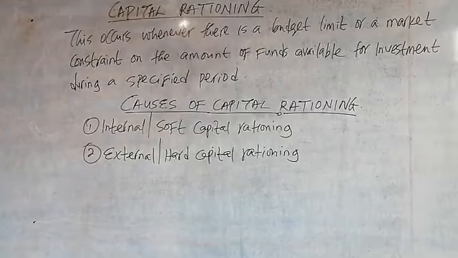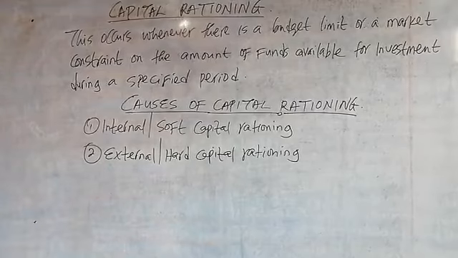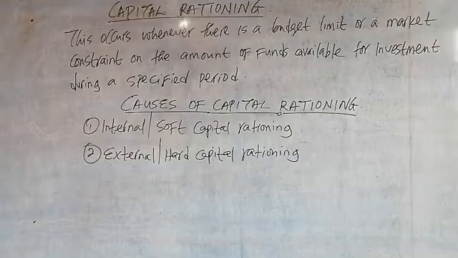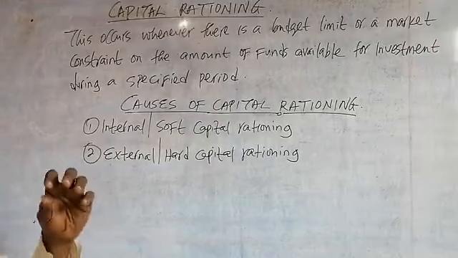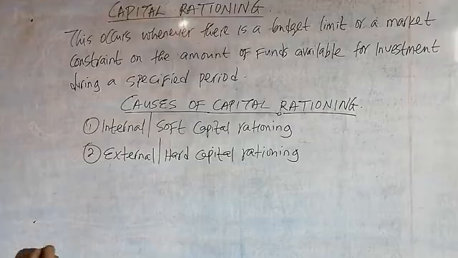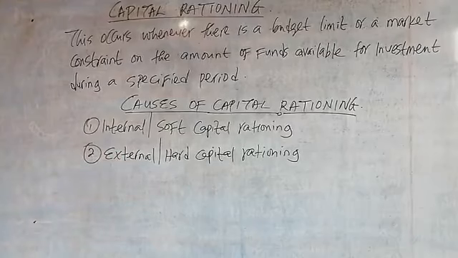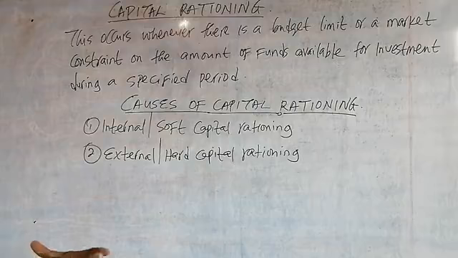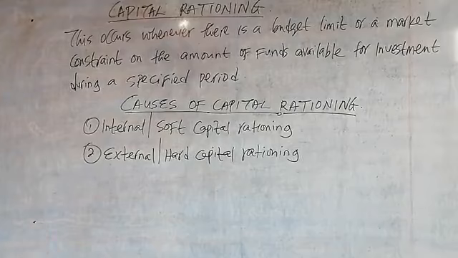But that, therefore, the company will now tend to do what? To ration this capital, this limited source of finance, limited capital, on certain projects, in which this limited source of finance may span over 1 year or a period of time, as the case may be.